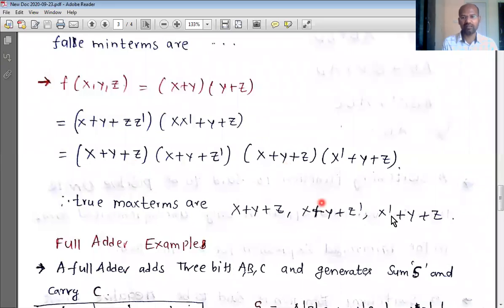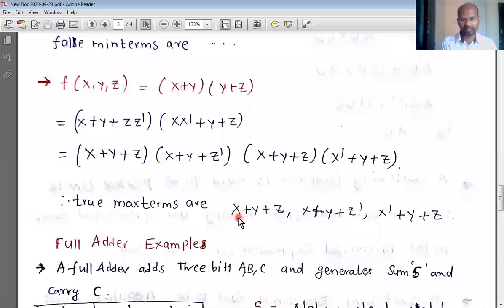Other than this, how many max terms are possible for 3 variables? 8 max terms. And 4 are for this function. The rest of the 4 max terms, which are false max terms, I have not written here.